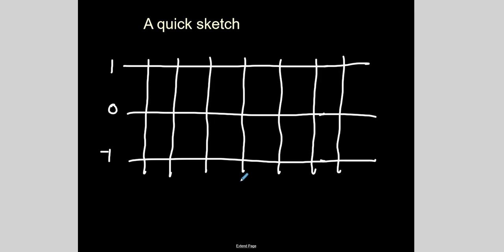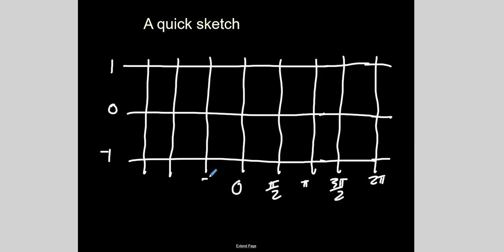Okay, now I'm going to use radians. This is 0, pi over 2, pi, 3 pi over 2, and I'll go out to 2 pi, so I get one complete cycle of sine and cosine. Okay, then I'll go back here, negative pi over 2, negative pi, negative 3 pi over 2, and then over here I'll put negative 2 pi.